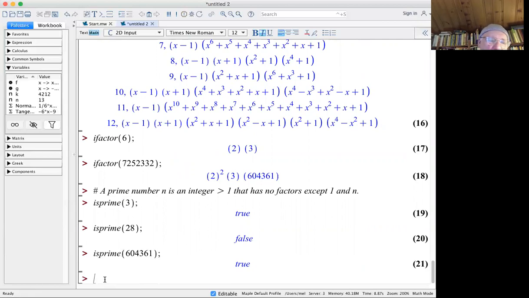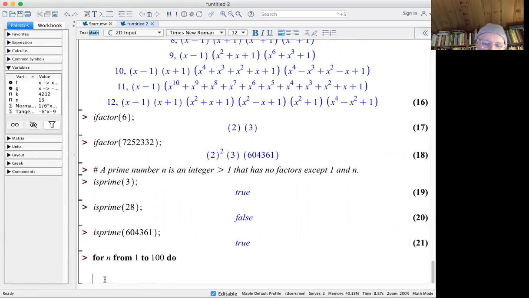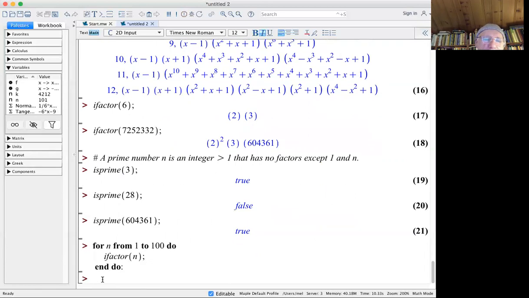Suppose you want to factor the first 100 integers. You could say for n from 1 to 100 do, and what you want to do is ifactor n. Oops. Why didn't it work? Oh, I ended with a colon instead of a semicolon.